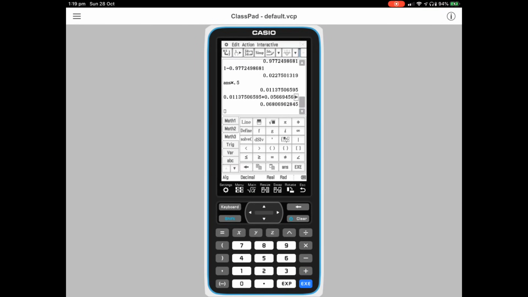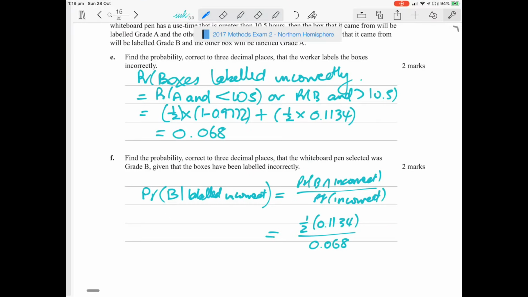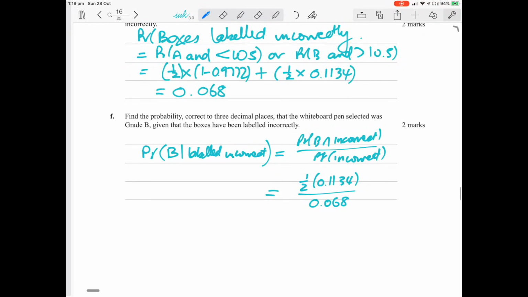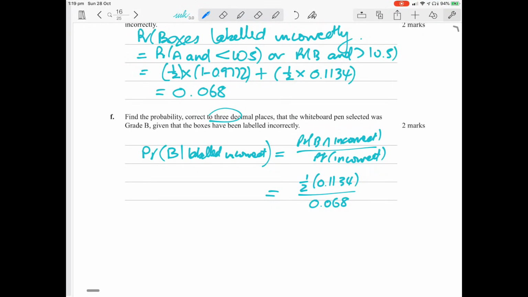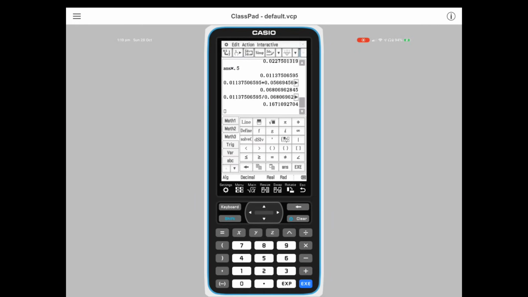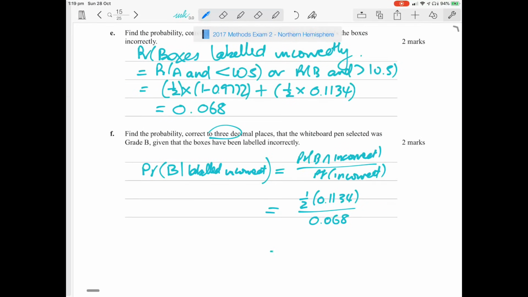So it's going to be that divided by 0.068, to 3 decimal places, 0.167. What have I done?